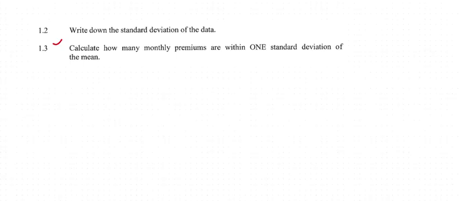This means we are looking for the values of x such that x bar minus sigma is less than or equal to x, which is less than or equal to x bar plus sigma.